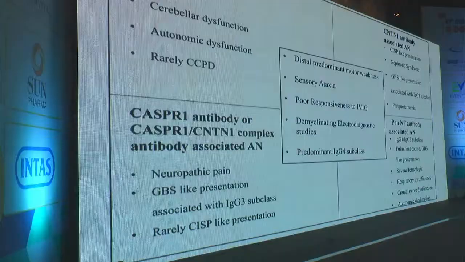Pan-neurofascin antibody and neurofascin 186 antibody mediated diseases can have a fulminant course and GBS-like presentation along with prominent diaphragmatic weakness. Contactin-associated paranodopathies have a typical CIDP-like presentation along with nephrotic syndrome. So contactin is prominently associated with proteins in the urine along with a nephrotic syndrome-like presentation.